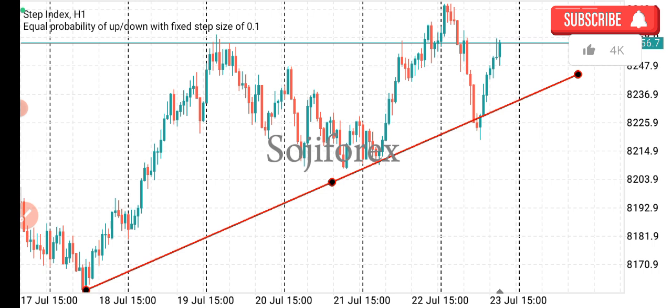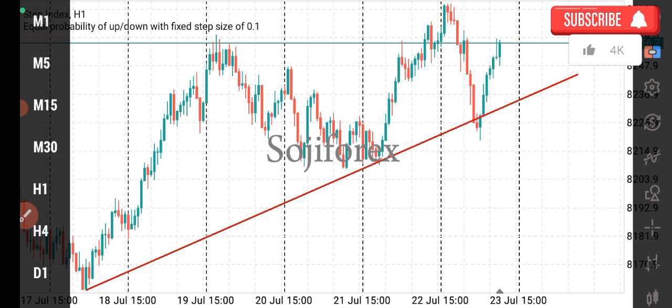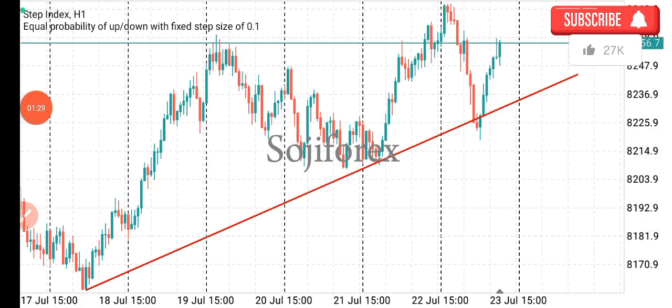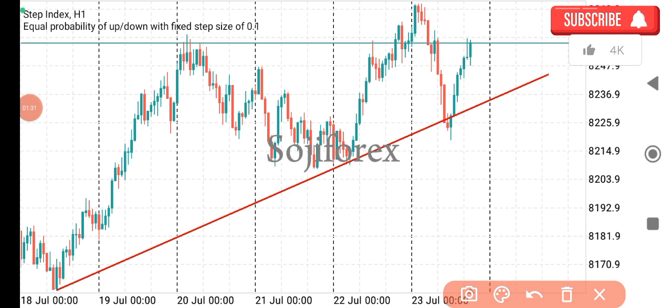This is an uptrend. So it means that my point of entry for this trade is basically this point, and this point. These are the only points I will be looking for an entry.